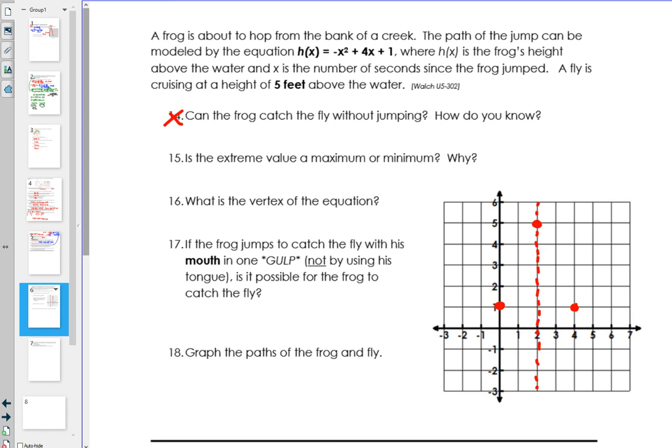If I wanted to find this, I would factor, but even if it did ask, I wouldn't be able to, because there are no two numbers that multiply to give you negative 1 and add up to 4.